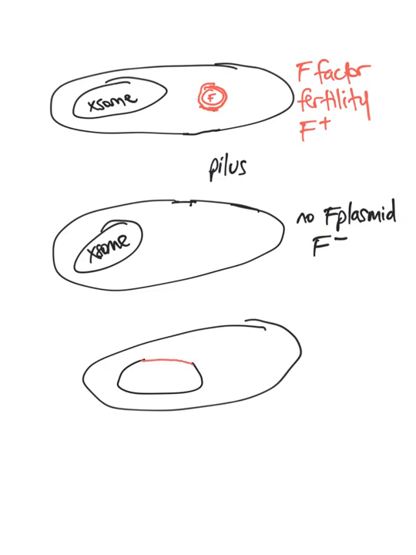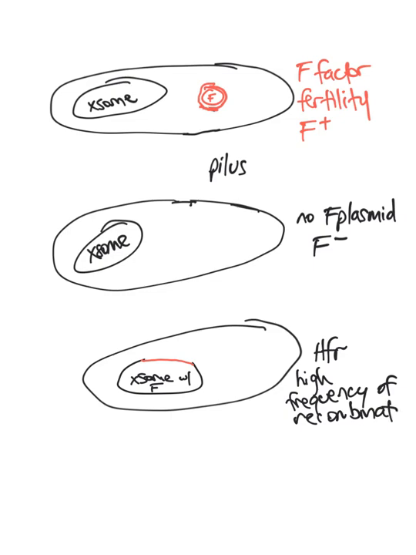So this is our chromosome with F. So this red part of the chromosome here on this third cell is the F factor DNA incorporated into the bacterial chromosome. And so we call this type of cell HFR. Capital H, little f, little r. And that stands for high frequency of recombination.